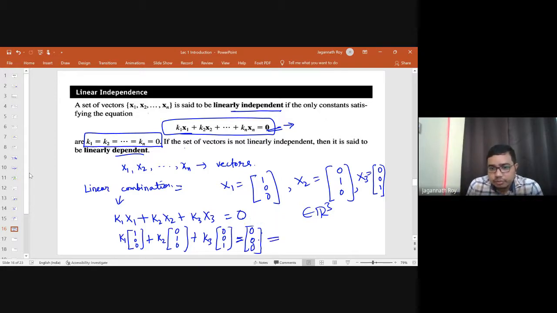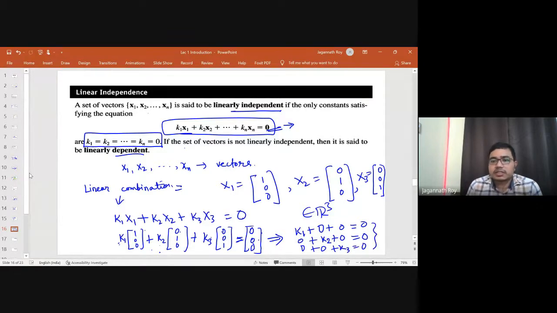Now, if you multiply and simplify these equations, you get K1 plus 0 times K2 plus 0 times K3 equals 0. Component wise, we do the multiplication and addition. Then 0 plus K2 plus 0 becomes 0, and 0 plus 0 plus K3 becomes 0.